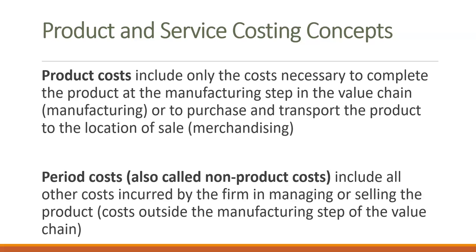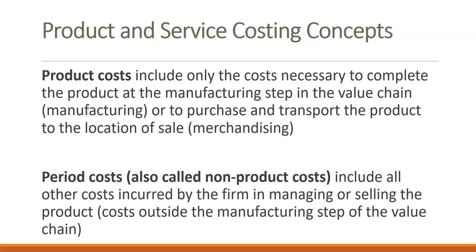Another cost classification is product costs versus period costs. Product costs are only the costs necessary to produce the product in manufacturing, or to purchase and transport any merchandising inventory if we're a merchandising company.